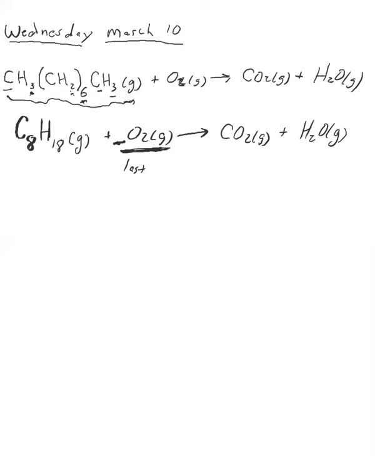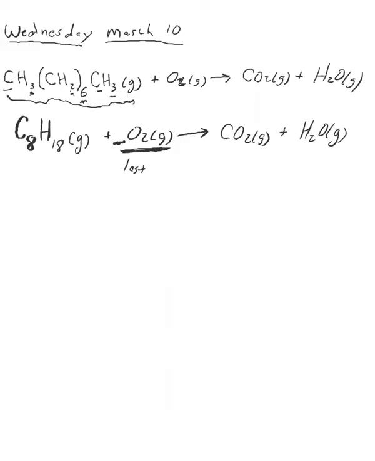So just do the oxygen last. Generally, most people, when they do combustion equations, do the carbon first, then the hydrogen, and then the oxygen, but you don't have to do carbon and then hydrogen. You could do hydrogen and then carbon, but you do want to leave the oxygen for last because it's all by itself, okay?